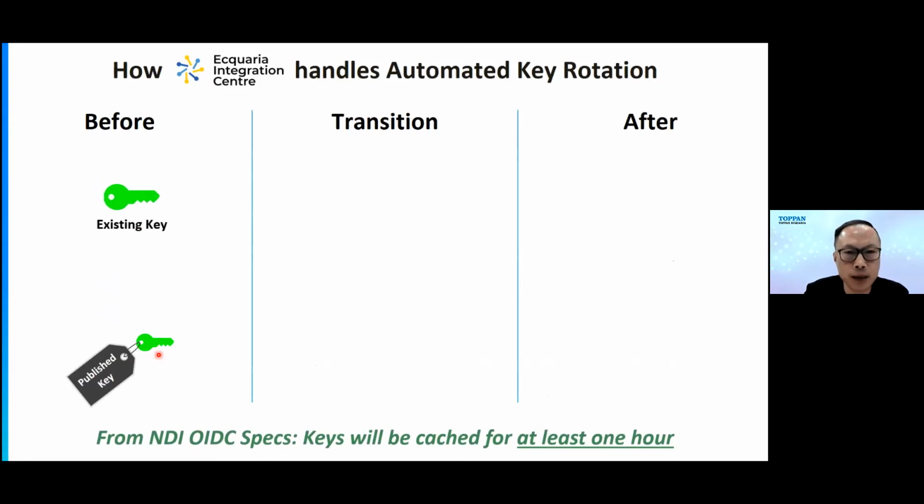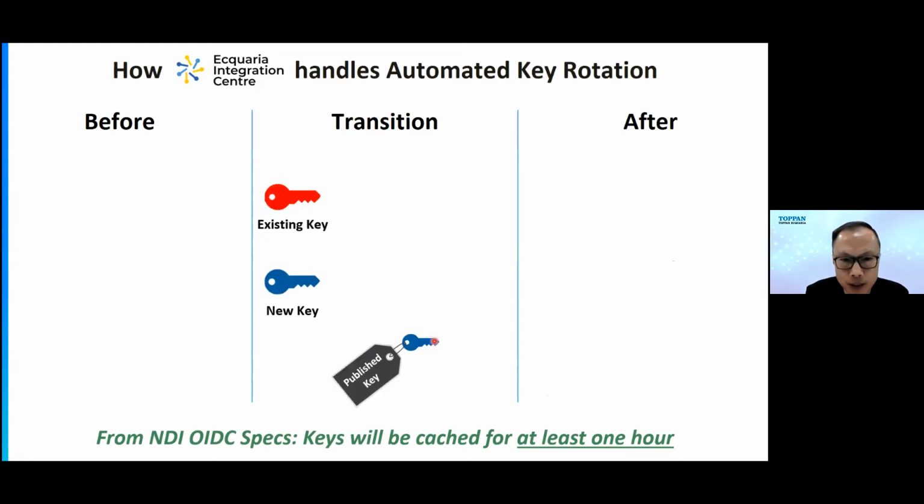So when you implement a new key, there's a transition period you need to take care of. When you start publishing your new key, your existing key cannot be discarded immediately, because if NDI is caching the key for 1 hour, it means that for the next 1 hour or more, NDI could still be using your old key to do the encryption. If you discard your key immediately after you rotate, it could mean downtime, because when NDI responds back to you, you're not able to decrypt the response.